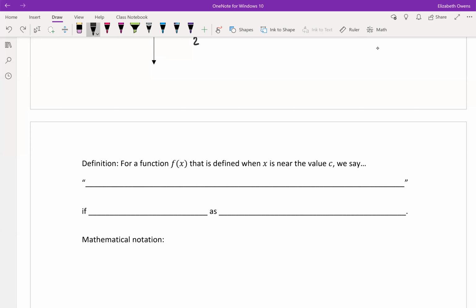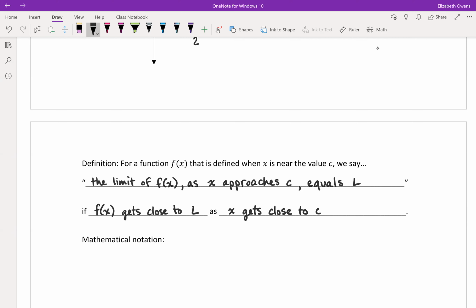We say for a function f of x that is defined when x is near the value c, we say the limit of f of x as x approaches c equals capital L, L for limit, if the function values f of x get close to L as x gets close to c from both sides.